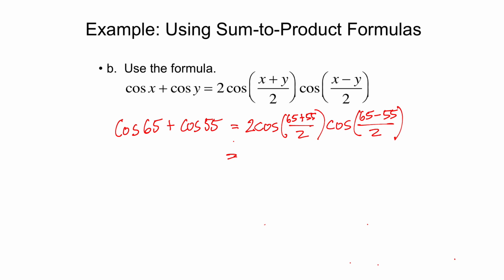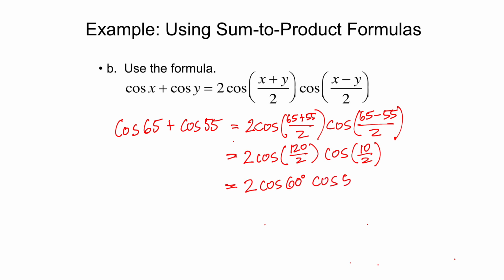All right, well, 65 plus 55 gives us 120, so this is 2 cosine of 120 over 2 times the cosine of 10 over 2. And 120 over 2 is 60, so that's 2 cosine of 60 degrees multiplied by the cosine of 5 degrees.